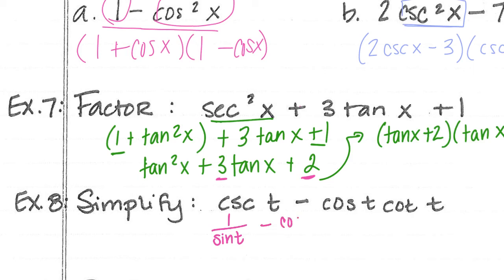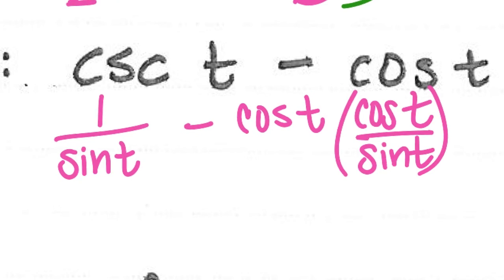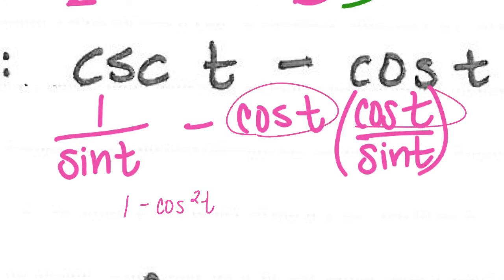And I know that this is cosine of t, and cotangent I'm going to put as cosine of t over sine of t. Well, we kind of have a like denominator now, don't we? We do. So on the top, it looks like I have 1 minus the cosine squared of t, because hey, cosine times cosine is cosine squared, all over the sine of t.